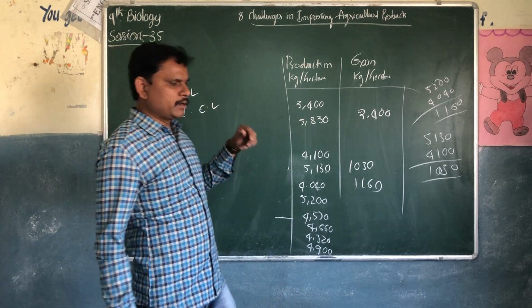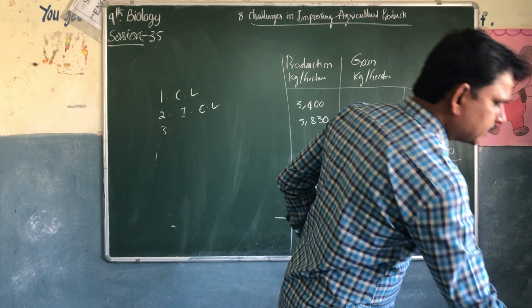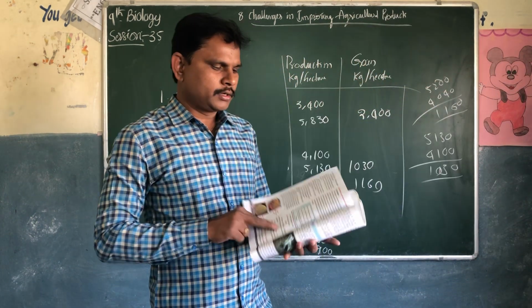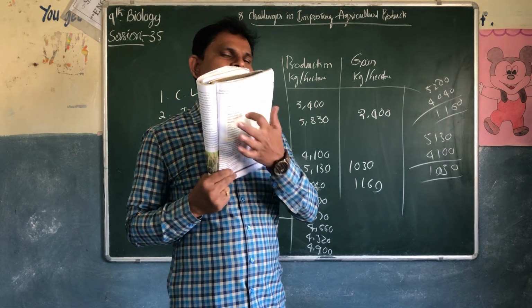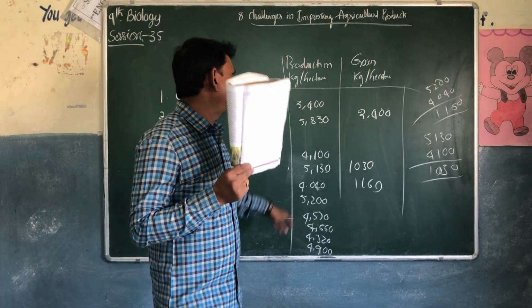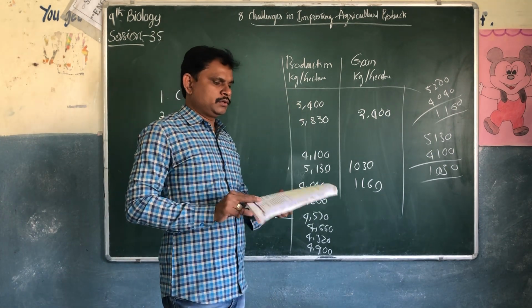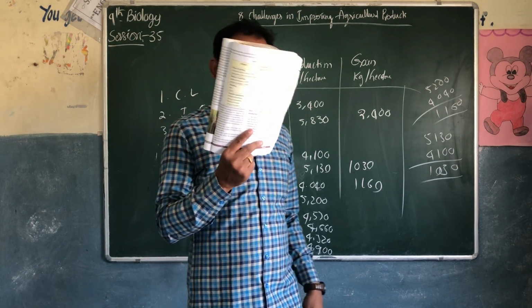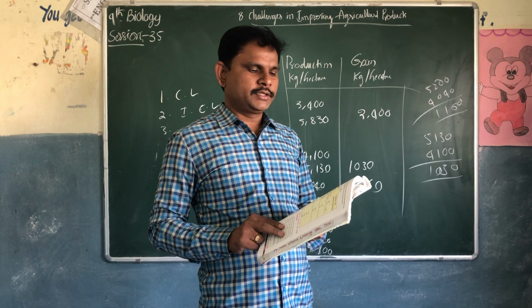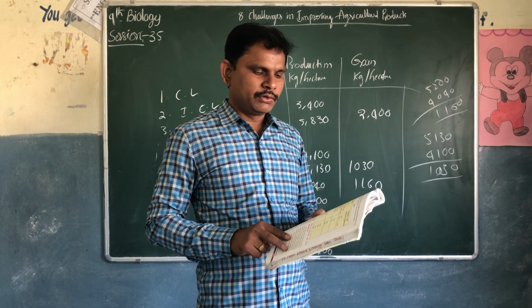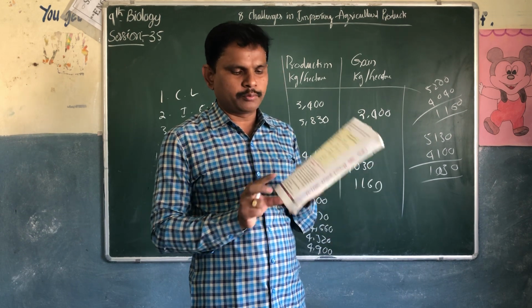Today's homework: the table we discussed, read it once again. You have to calculate all these values, and only then write these tables. Time of planting, density of planting, weeding, nutrient application. How to increase the food production?